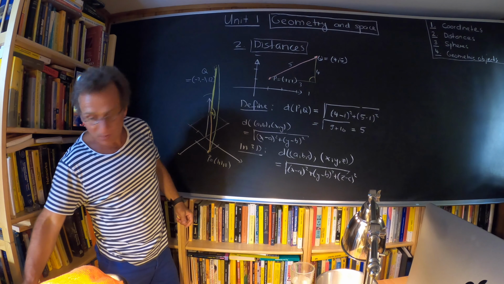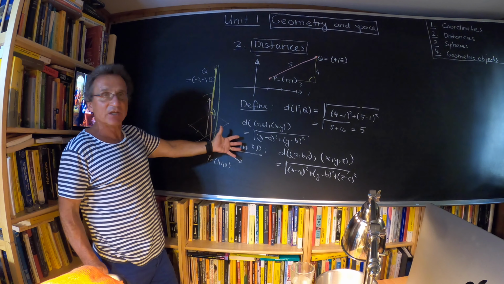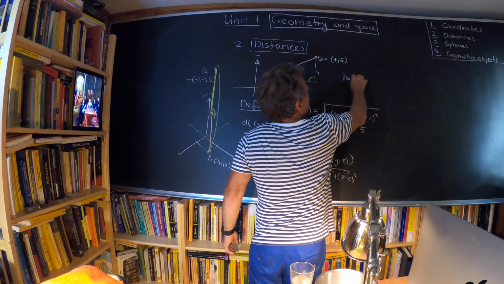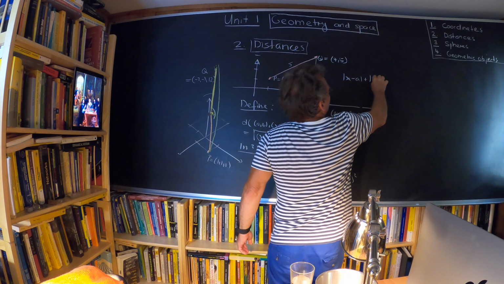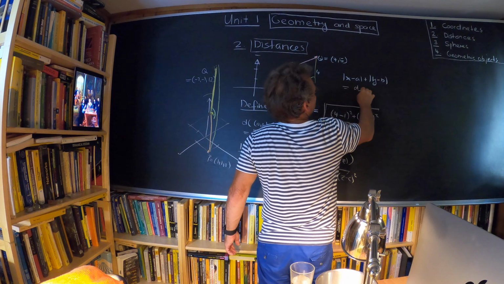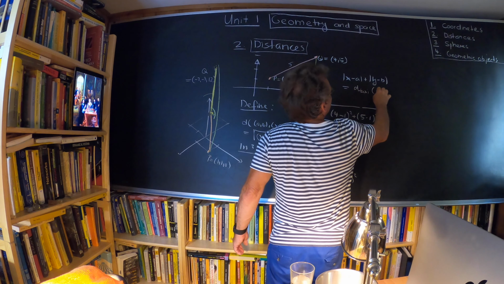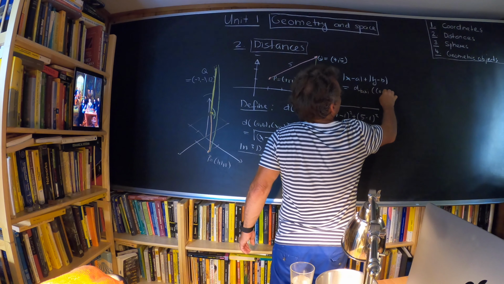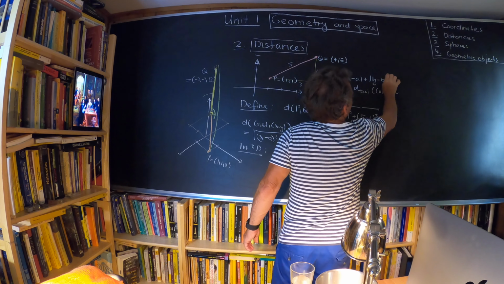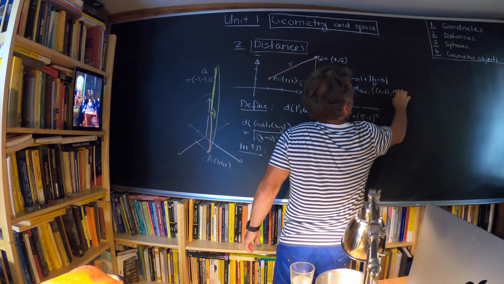But it's important to see that this is a definition. We could use other distances, like the absolute value of x minus a plus the absolute value of y minus b, and that's the taxi distance between a, b and x, y.